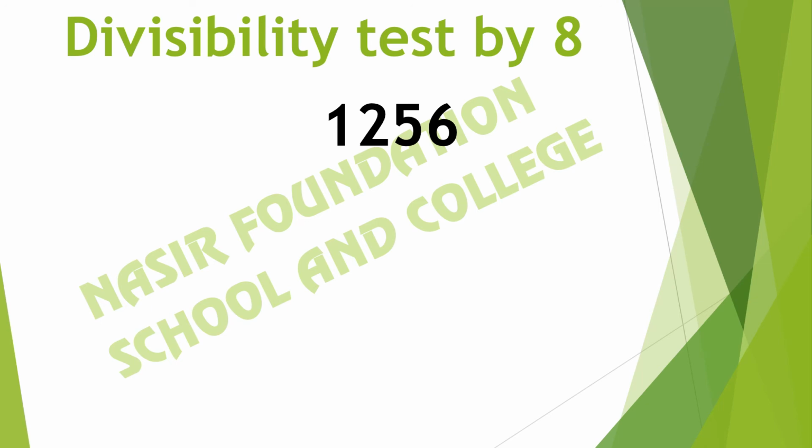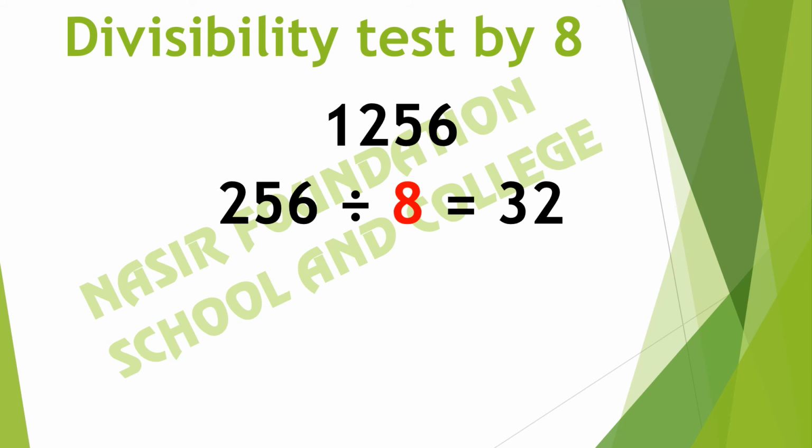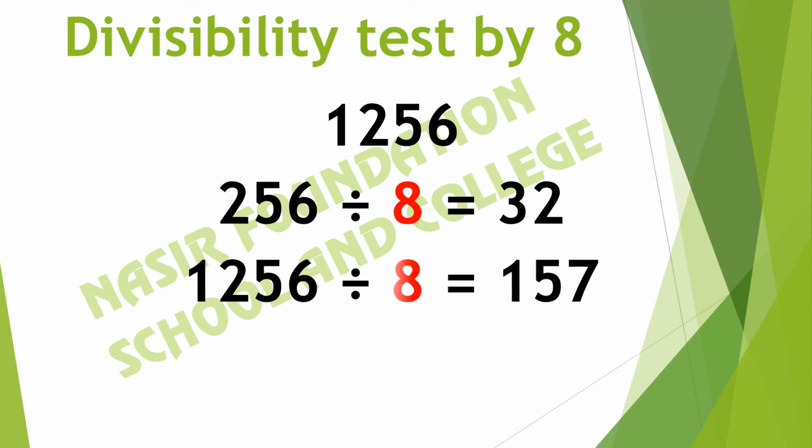Without actual division, we will know whether this number can be divided by 8 or not. The rule was to divide the last 3 digits by 8. The last 3 digits are 256. If we divide 256 by 8, we get 32. It means 1256 can be divided by 8. And we will get the answer 157.